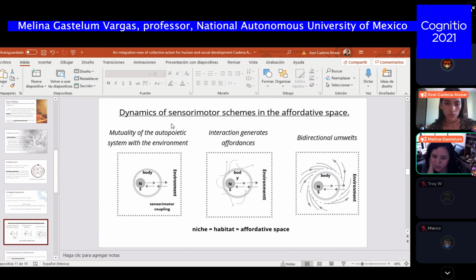Then in the middle one, we are seeing the interactions that are depicted as the dotted lines.